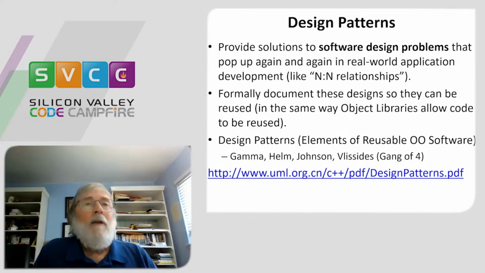And the classic book on design patterns, the thing that created it, is the URL shown here. This is a PDF file. It's free. It's on the web, and it can be downloaded. It is Design Patterns. The four authors are called the Gang of Four. That's not to be confused with the people that took over after Mao died in China.